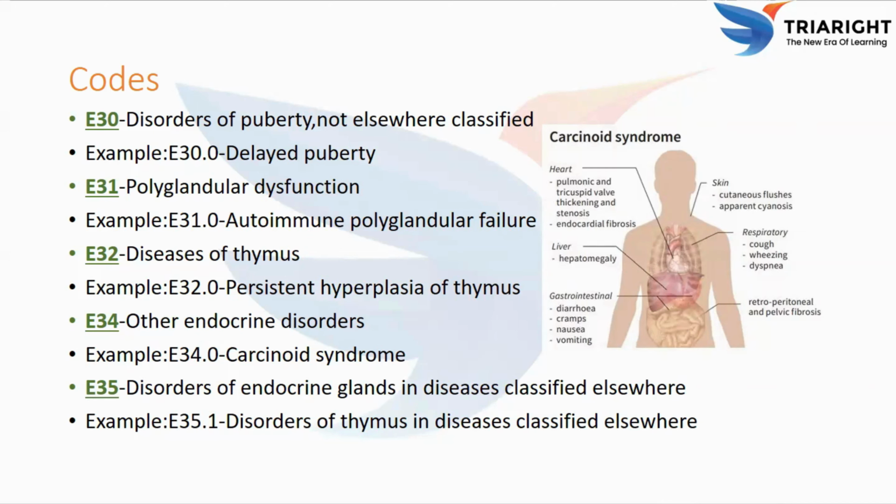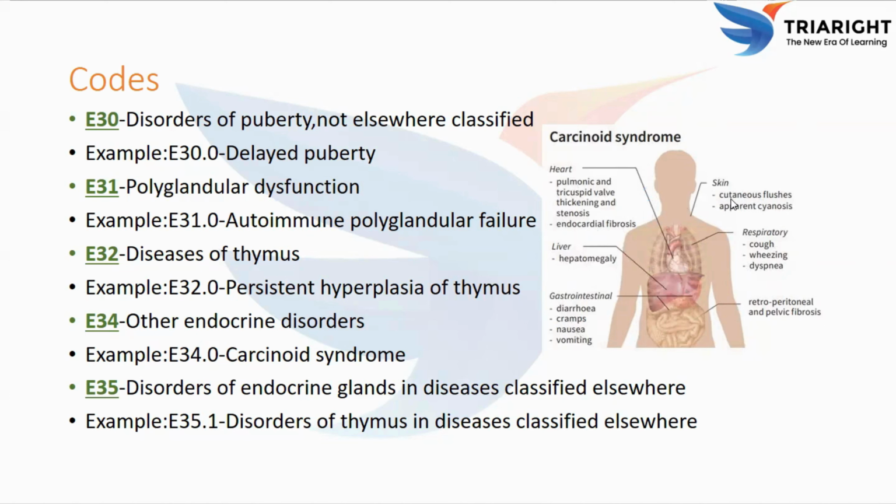What are the main body areas and symptoms in the picture? You can see heart, liver, gastrointestinal tract, skin, respiratory and retroperitoneal area. The heart shows pulmonary and tricuspid wall thickening and stenosis, whereas the respiratory area shows symptoms like cough, wheezing and dyspnea. Dyspnea is nothing but shortness of breath.